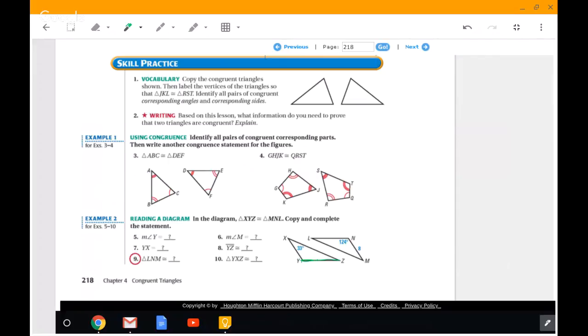Now, when we look at these two, then we said the measure of angle M. What did you put for number 6? Okay, that's right. 33 degrees is correct for 6. It equals the measure of angle X.